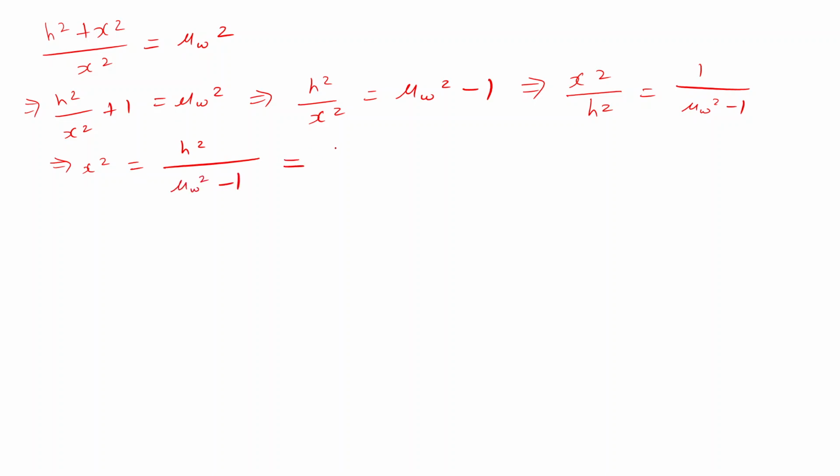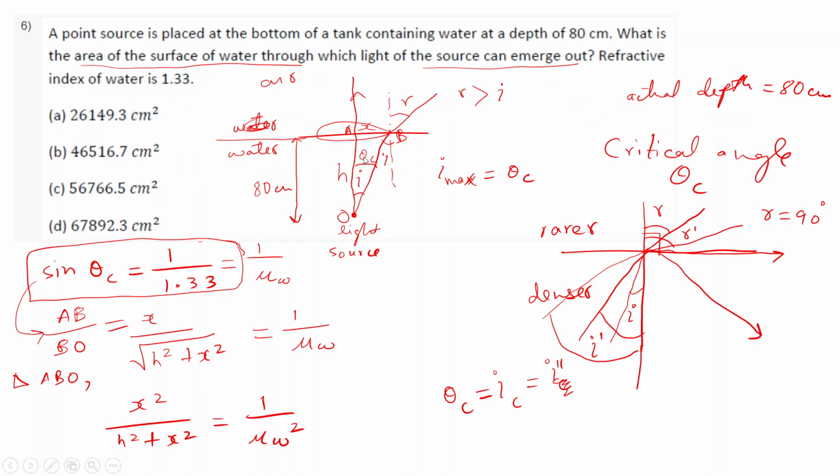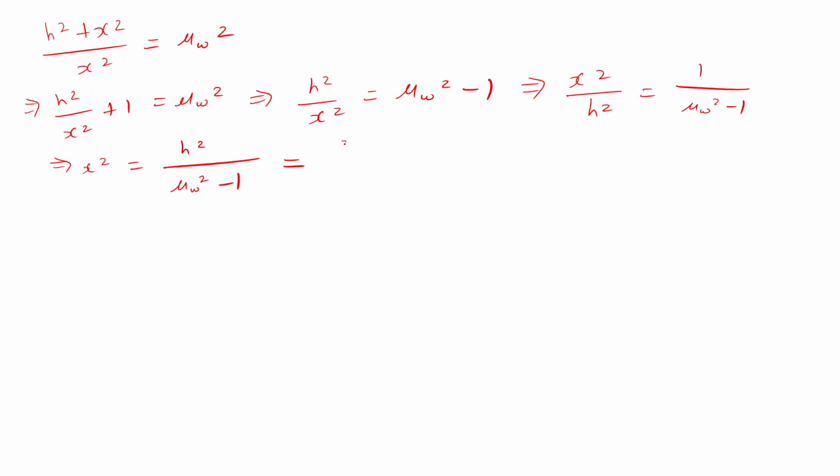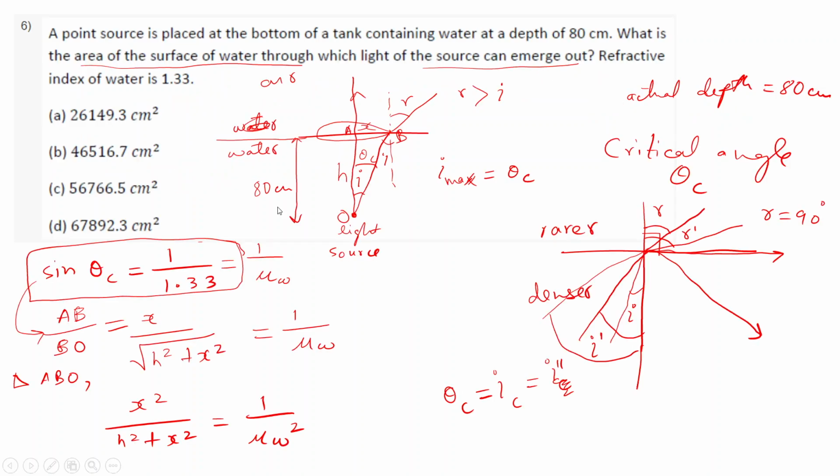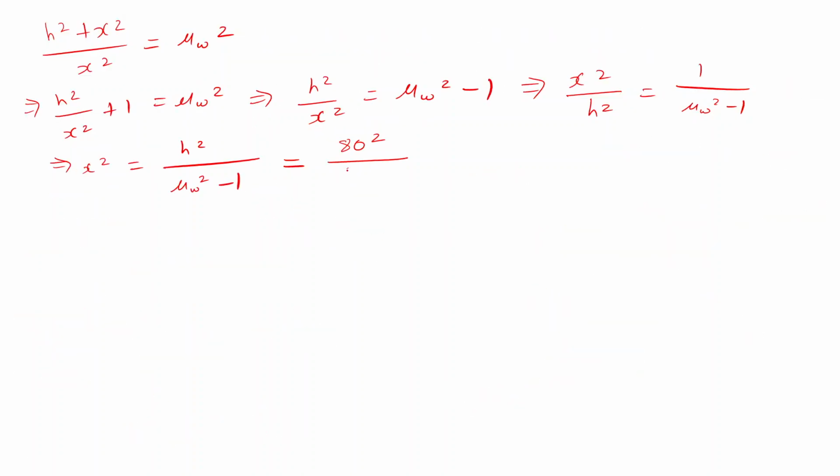Now H, I know it was what? H was the actual length of this point source, which was 80 centimeter. So 80 square of that, and mu W, which is the refractive index of water, which is 1.33. 1.33 square of it minus 1. And we'll solve this. Okay, so this is X square.